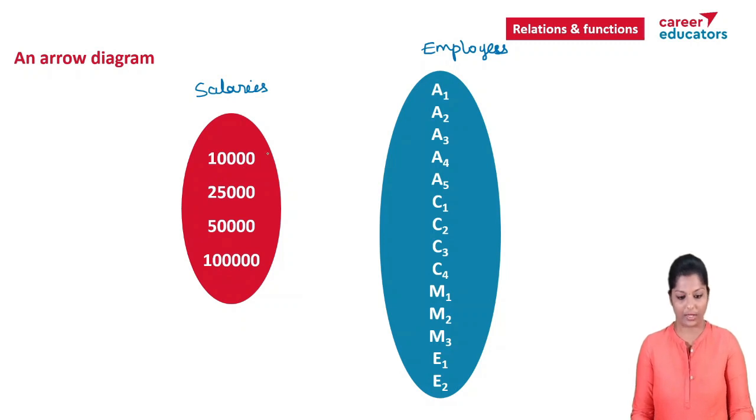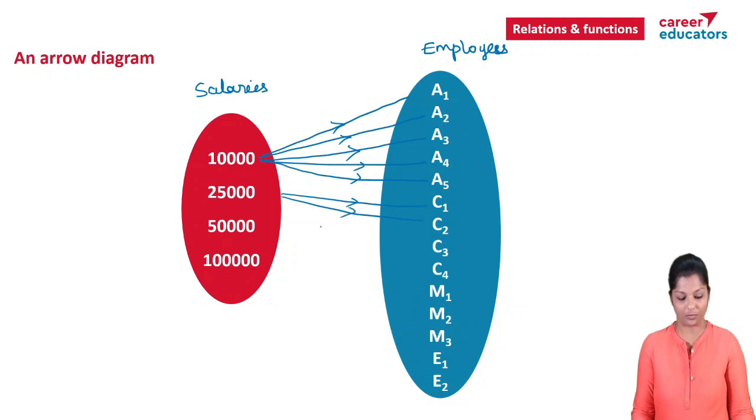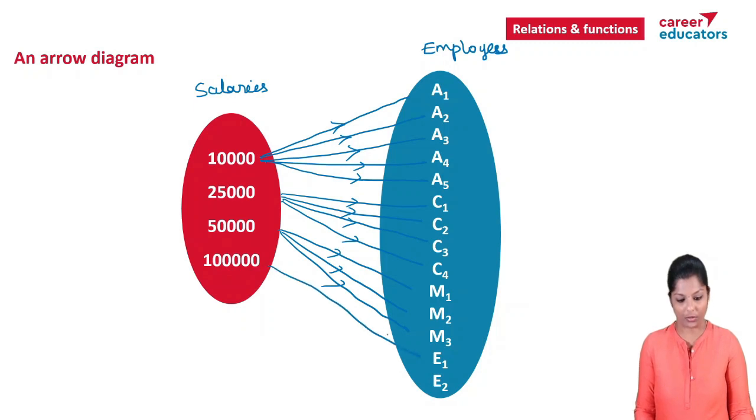Next we have to relate 10,000 to A1, A2, A3, A4, A5. Then relate 25,000 to C1, C2, C3, C4. Then 50,000 to M1, M2, M3. Then 1 lakh to E1, E2.